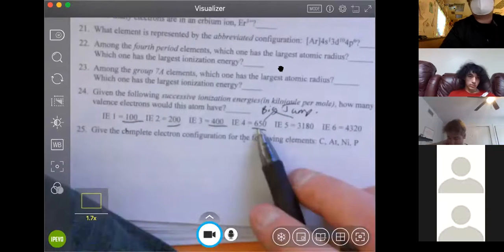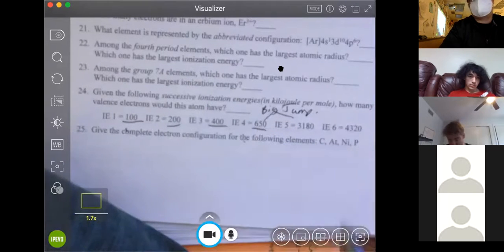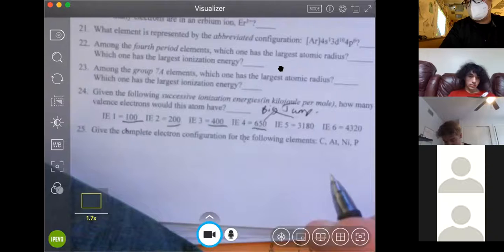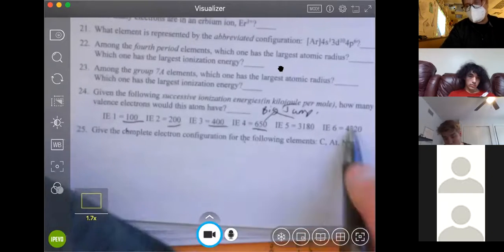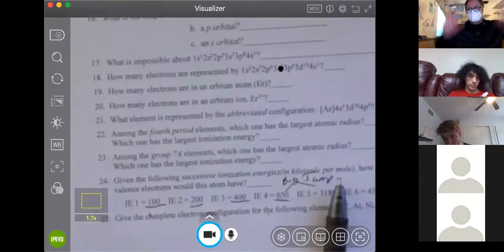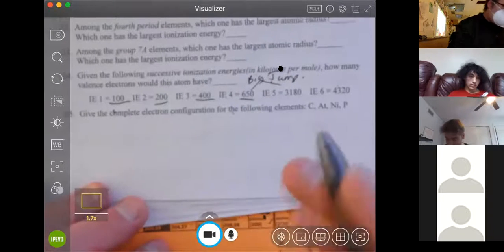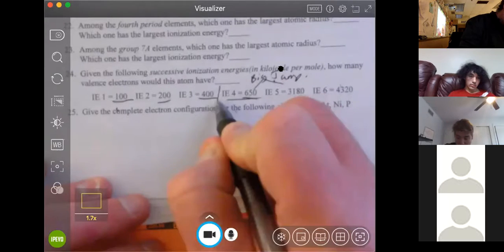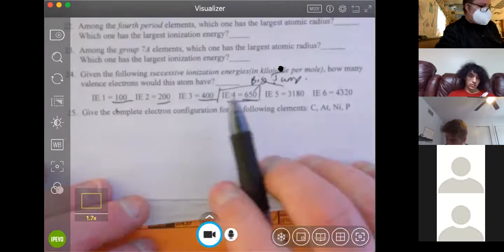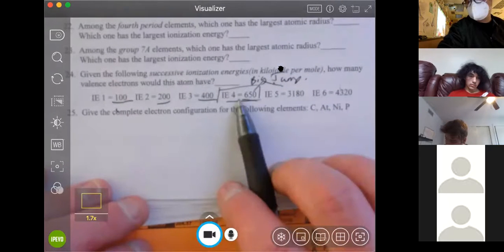If you were expecting a $650 paycheck and all of a sudden you got $3,180, you'd be like, oh! Like your head comes off, the top half goes up, and your ears have steam coming out of them. That's a big jump. So right there, this one is the last easy electron to take.